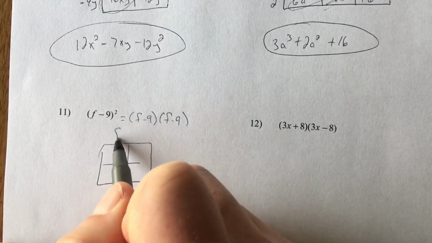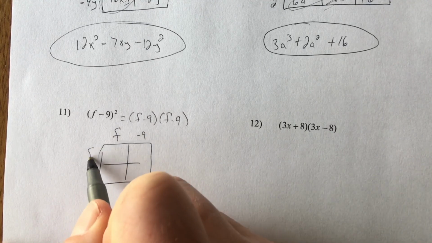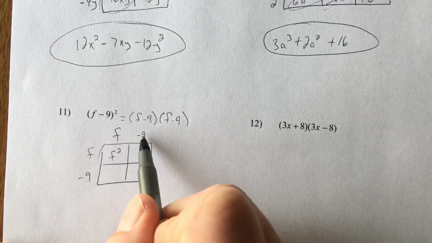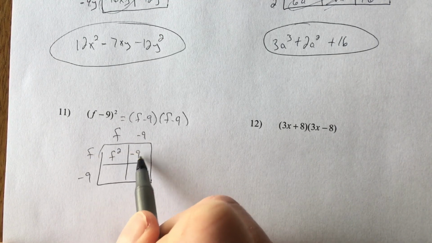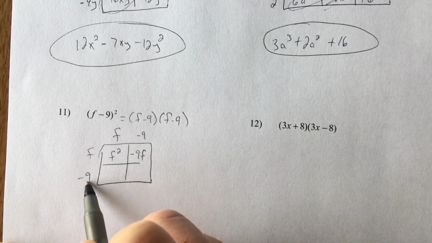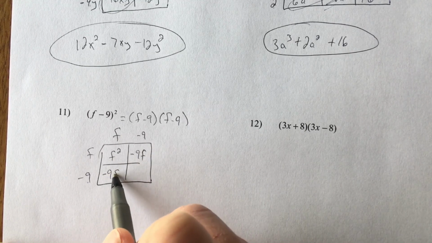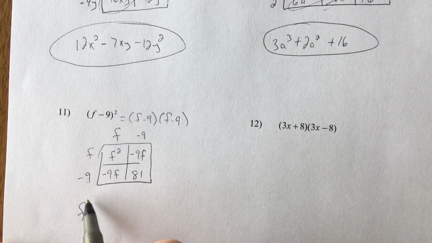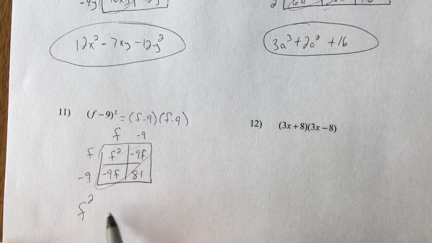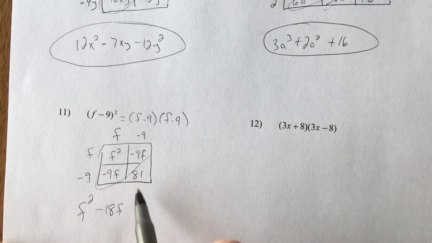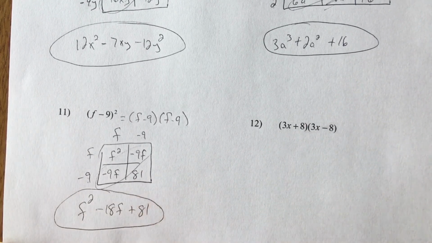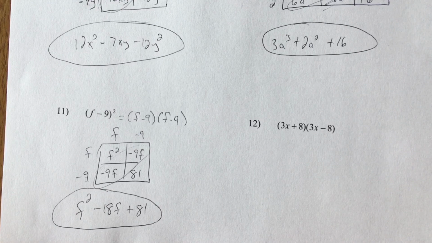So it's f minus 9 and f minus 9. f times f is f squared. -9 times f is -9f. -9 times f is -9f. And then -9 times -9 is 81. We're going to have an f squared. We're going to have a -18f. And then a positive 81. So that's that expansion there.